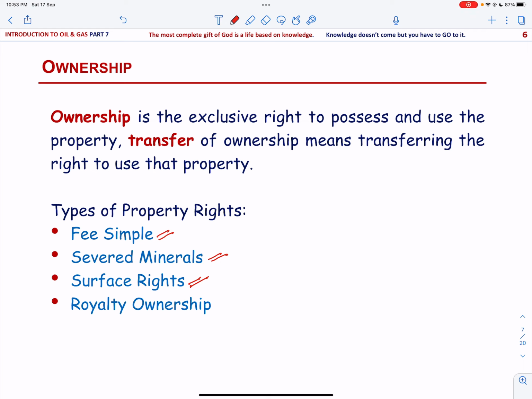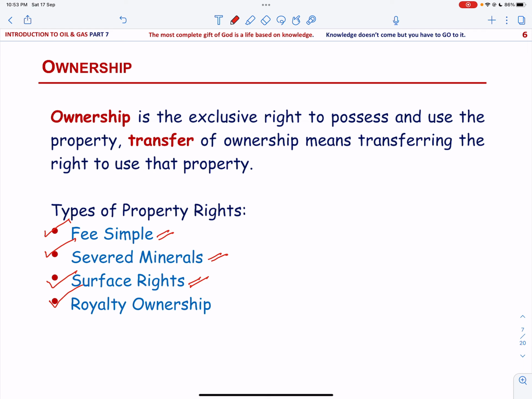So there are four types of ownerships. We have fee simple, which is absolute ownership of both surface and subsurface. We have severed minerals, where there is separate ownership of the mineral rights and the surface rights. We have surface rights, that is just separate ownership of just the surface, and the last one is the royalty ownership.